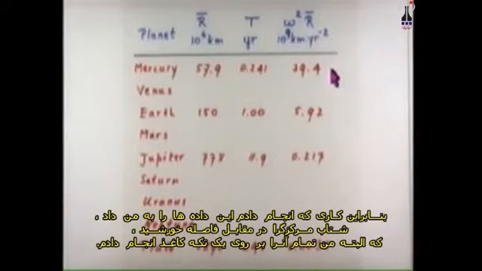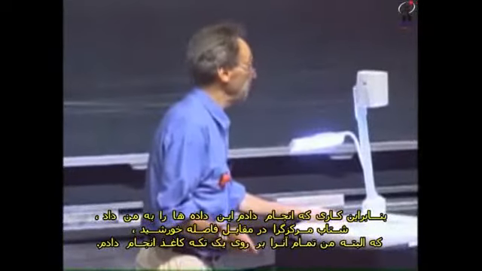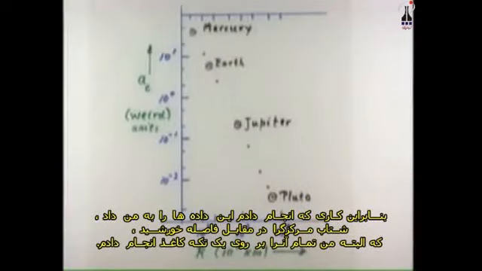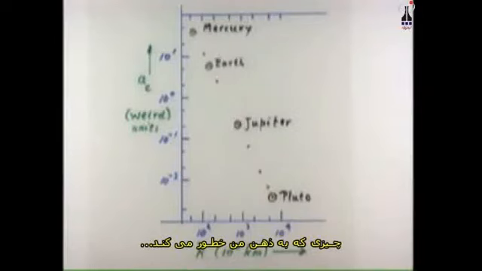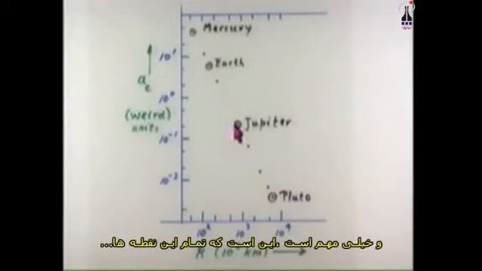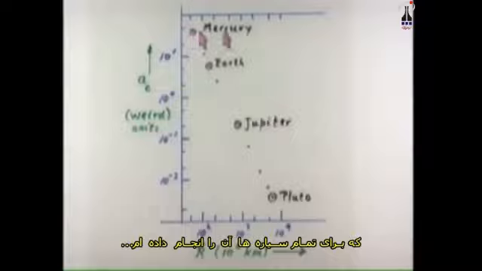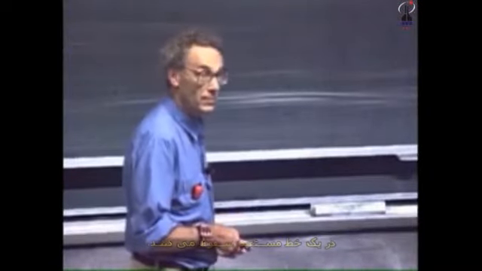So what I did was, I plotted this data, the centripetal acceleration versus the mean distance to the sun, and I did that on log paper. And what is immediately very striking is that all these points, I've done them for all the planets, they fall on a straight line.